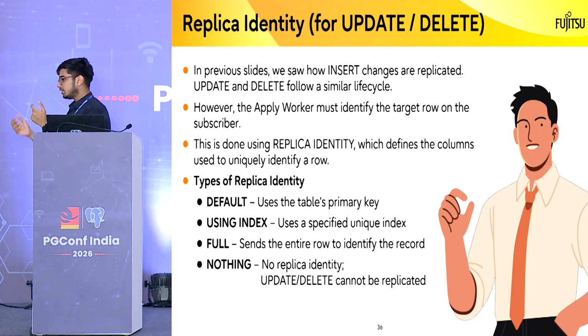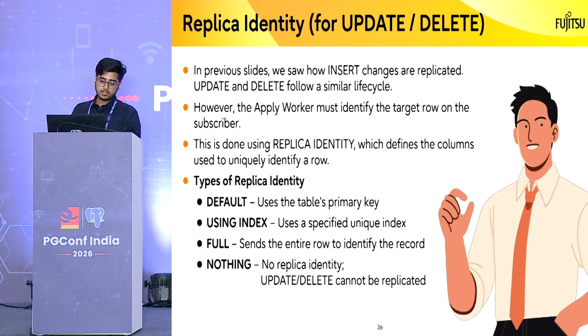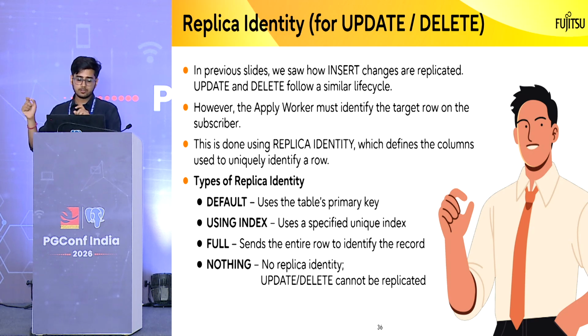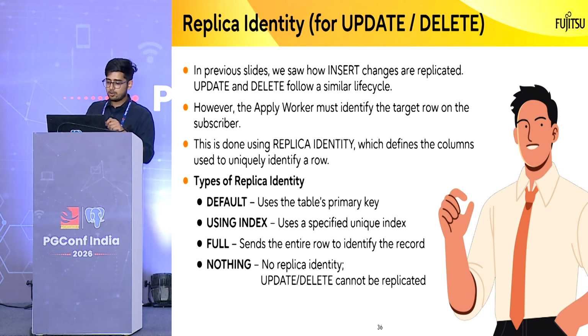We can create an index and specify that for replica identity, use this particular index. We can also specify full, so replica identity will be set to all the columns for that particular relation. The fourth one is nothing, so do not specify any replica identity. In this case, update or delete operations can't happen.